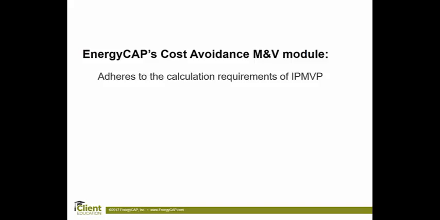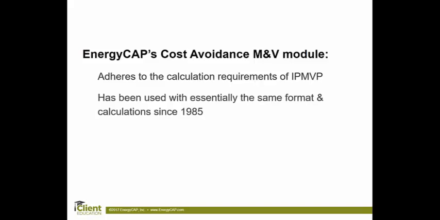The cost avoidance module in EnergyCAP adheres to the calculation requirements of IPMVP, the International Performance Measurement and Verification Protocol. It's been used in essentially the same form for 30 years now.